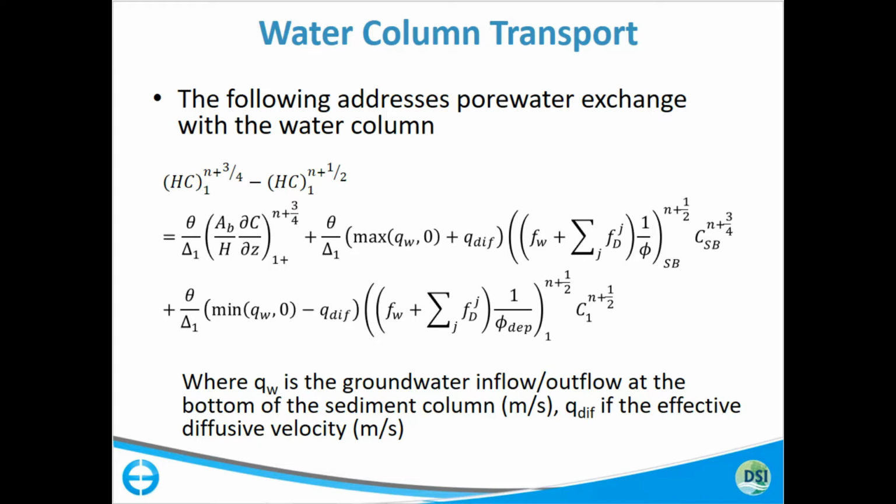This is an upward flowing system from the sediment bed, so this is adding constituents to the sediment bed. But if the net transport or advection is downward, then it's adding it to the sediment bed from layer 1. So that's the process by which we account for the pore water diffusion and advection process.